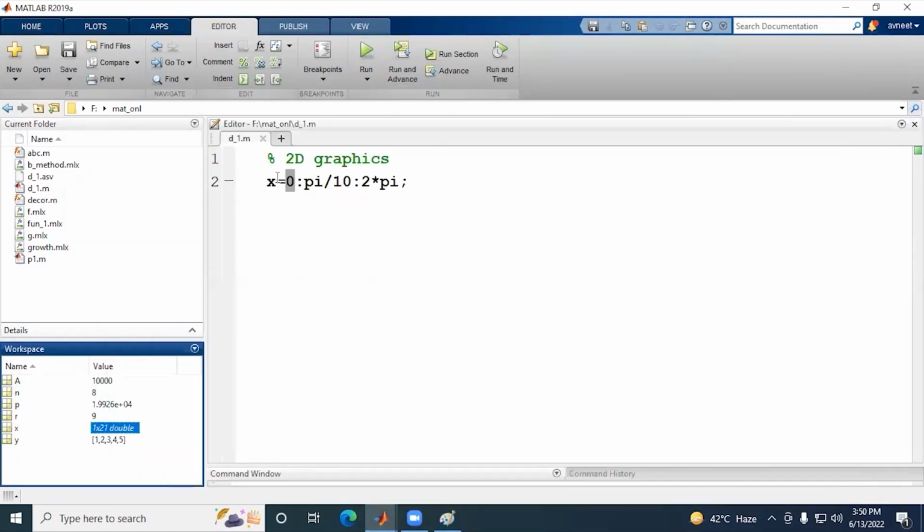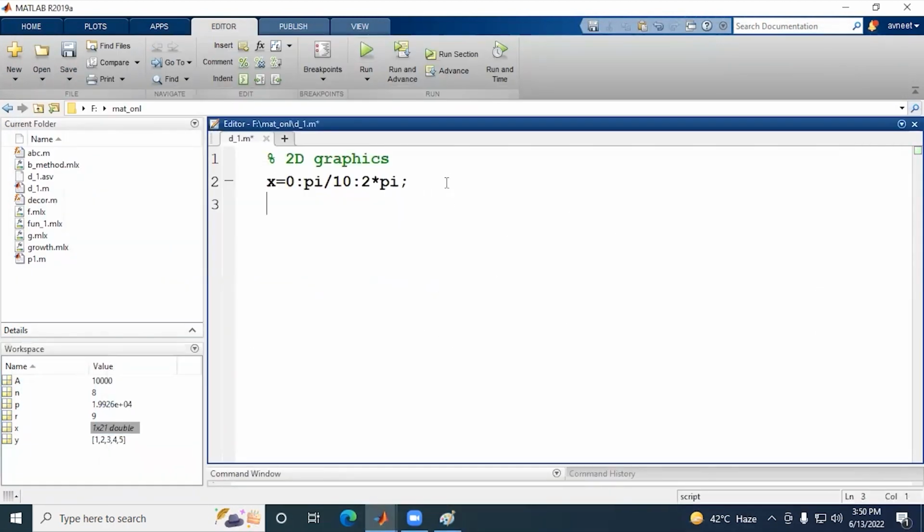Okay, so the x-axis is defined, and y is equal to sine of x. Very simple, because we have a predefined function in MATLAB. At every point, sine 0, then the next point pi divided by 10, then again pi divided by 10, next point.